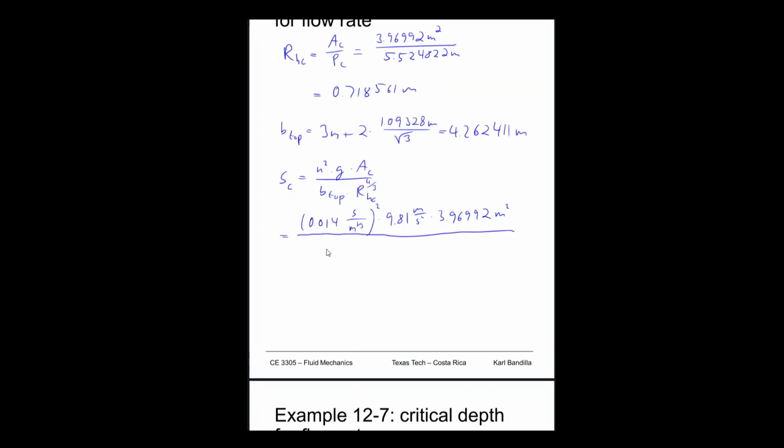We divide that by B top, which was 4.262411 meters. And then our hydraulic radius was 0.718561 meters, and that is to the 4/3.